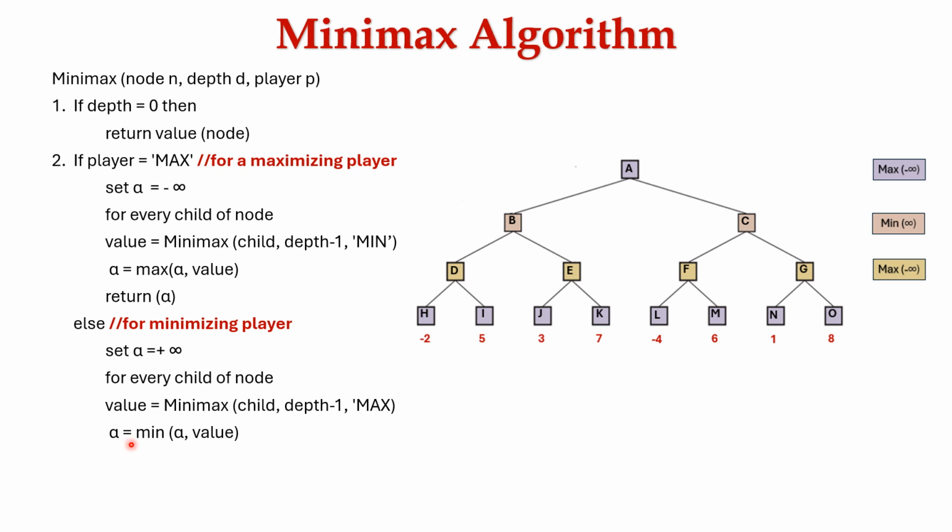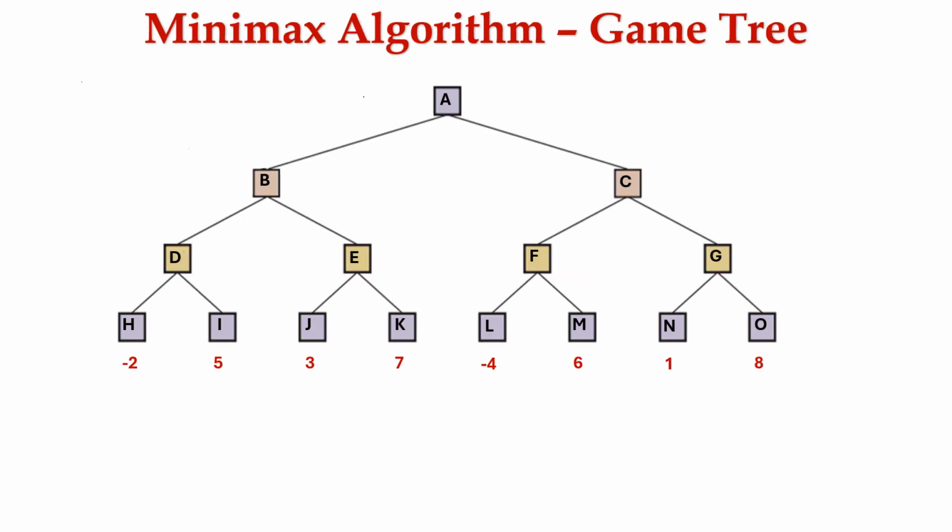That is, alpha is equivalent to minimum of alpha comma value. Finally, it returns the minimum value of alpha as the best possible score for the minimizing player min. A maximizing player would call it as minimax of start, depth, max. Let's solve an example problem now.